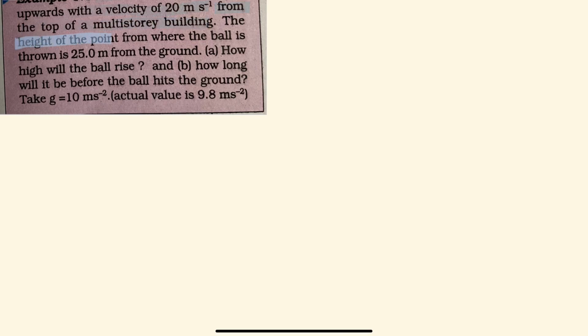The height of the point where the ball is thrown is 25 meters, meaning the multi-story building is 25 meters high from the ground. How high will the ball rise? What is the height it can go? How long will it take before the ball hits the ground? And take g equal to 10 for the problem.